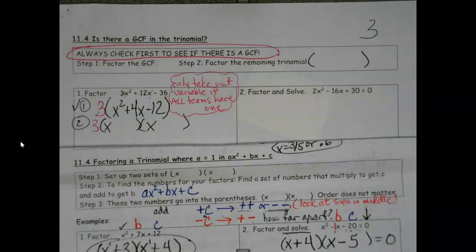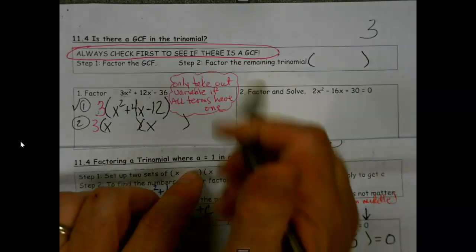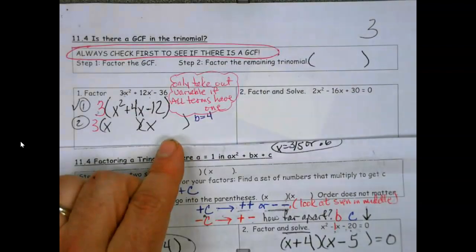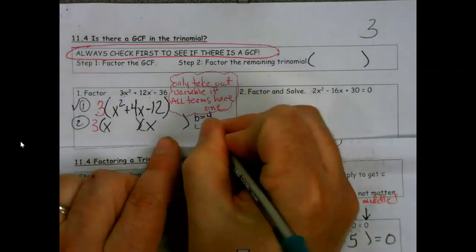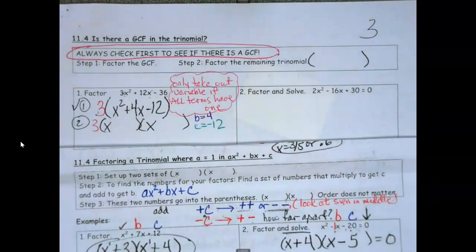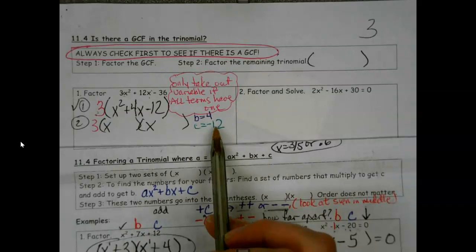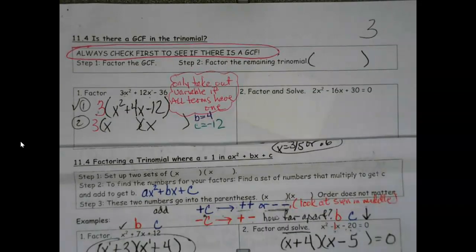And now we're doing that whole thing again with B and C, where we're trying to answer what multiplies to negative 12 but adds up to 4. Oh, we're doing that again. Okay.